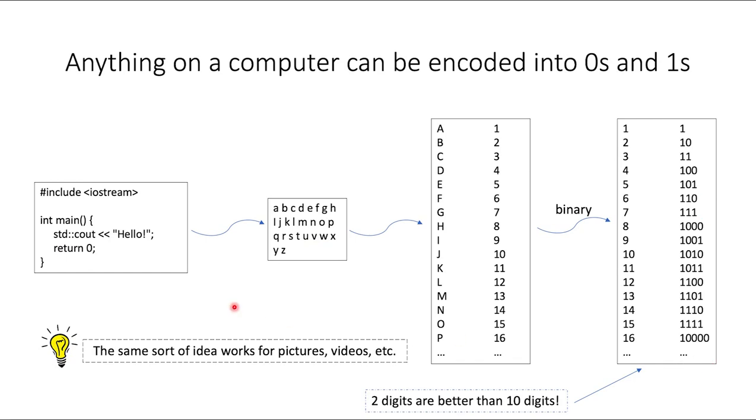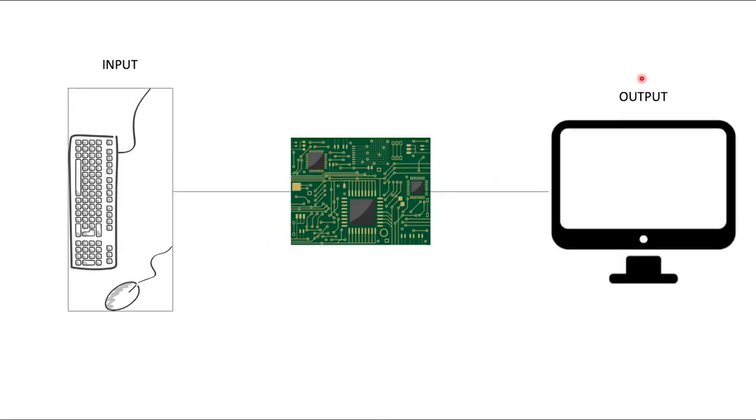But if I look at a picture, I can decompose each pixel, which corresponds to a different color, into some binary number. And you can do this with videos, you can do this with documents, PDF files, programs, anything. Okay, so anything on a computer, really, can be encoded into zeros and ones. Otherwise, it wouldn't be on the computer, and you couldn't use it.